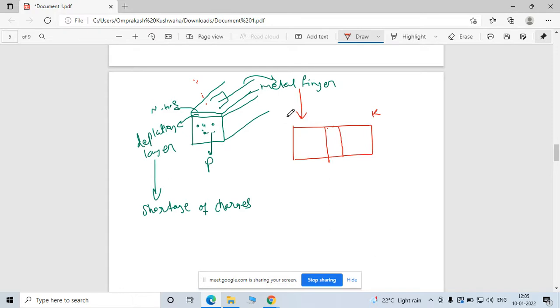This is the cathode, this is your anode, so this is the p side and this is your n side. This metallic finger collects all the electrons from this side, and this gap becomes zero by energizing these particles.